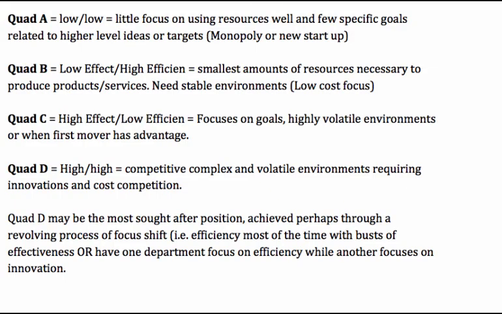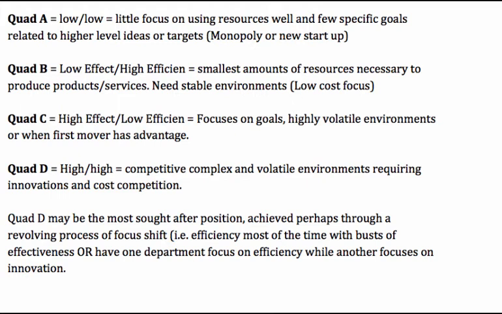So let's look at the individual descriptions for each of these quadrants. Quadrant A is the low quadrant, and that means that an organization really isn't focused on being effective. They really don't have a lot of goals to meet. They're pretty happy where they're at, and they're definitely not able to either focus on efficiencies or they don't care.